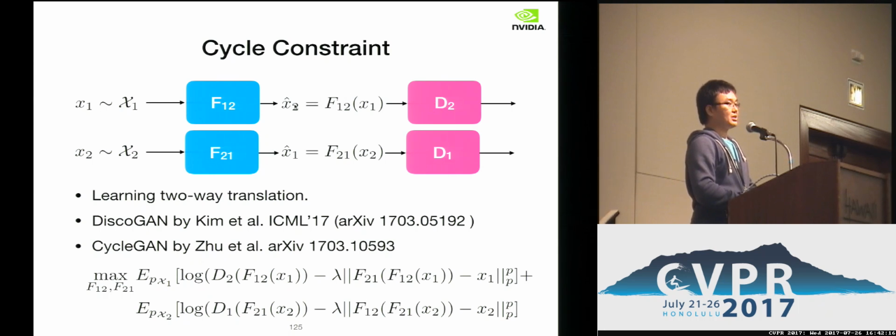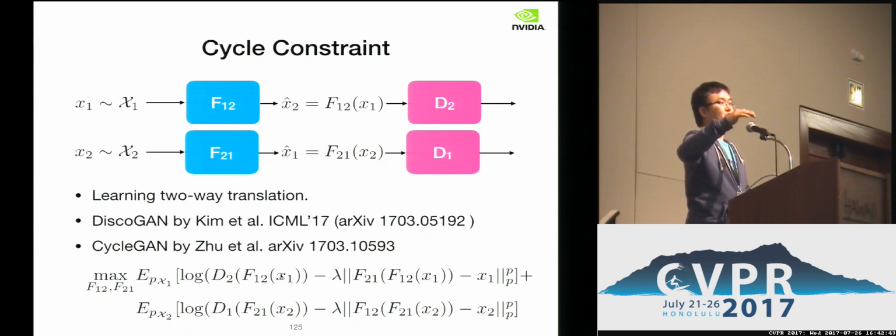This cycle constraint was discovered by a couple of different groups, who probably worked on the same idea at about the same time, independently. We first saw the DiscoGAN paper from Korea and the CycleGAN paper from Berkeley.